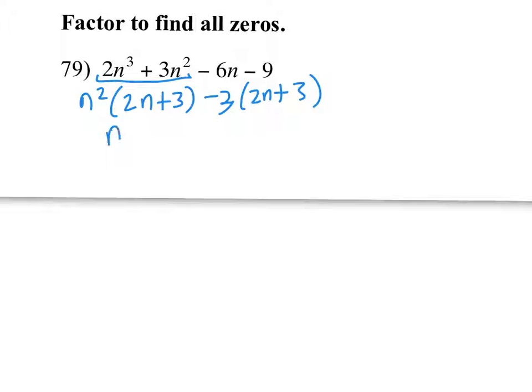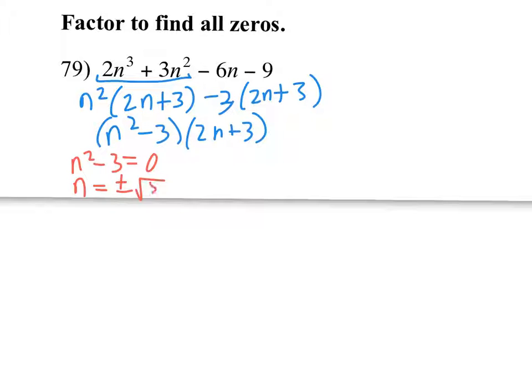And then we've got n squared minus 3 and 2n plus 3. To find all the zeros, we've got n squared minus 3 is equal to 0. That leaves me with n is equal to plus or minus the square root of 3. And we've got 2n plus 3 is equal to 0, which leaves me with n is equal to negative 3 over 2.